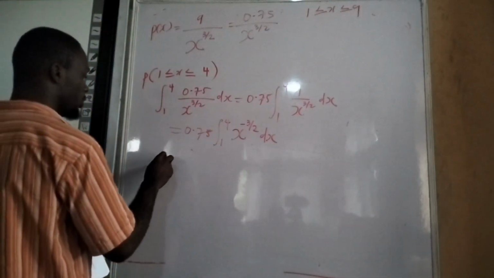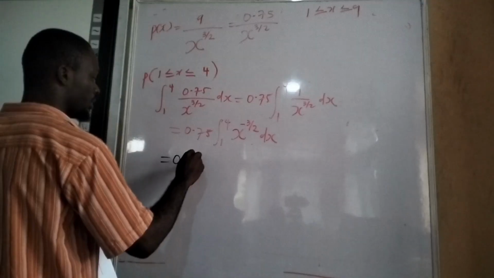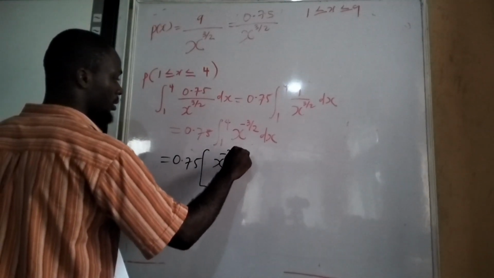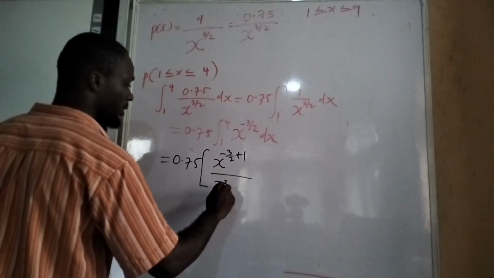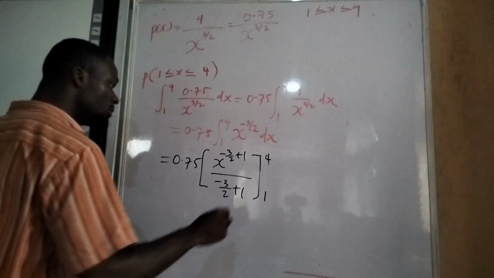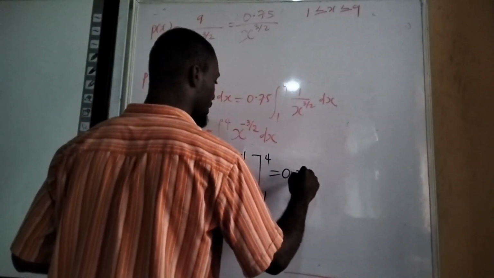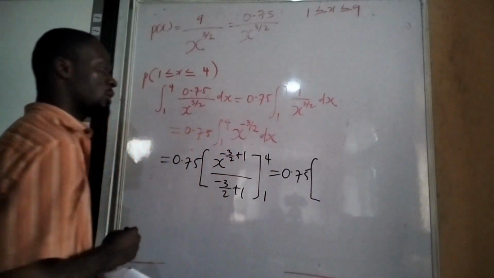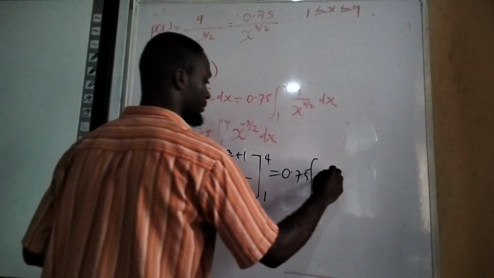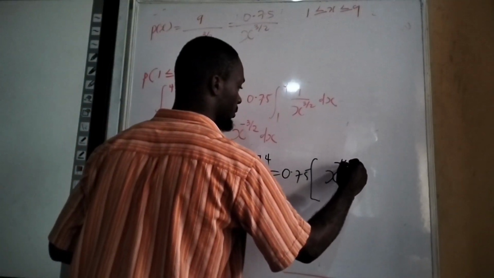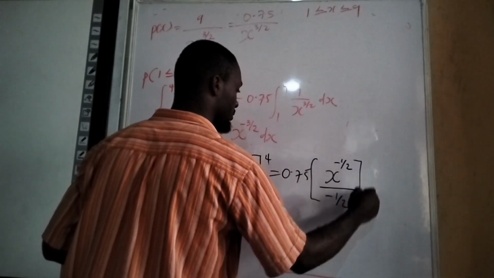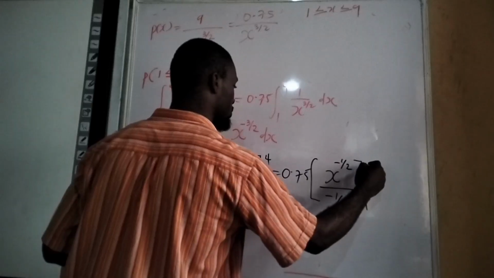So remember integration, you just add 1 to the power and divide by that power. Take limits from 1 to 4. So this 0.75. If you add 1 to minus 3 over 2, you get minus half, from 1 to 4.